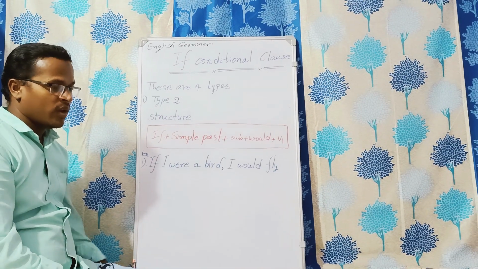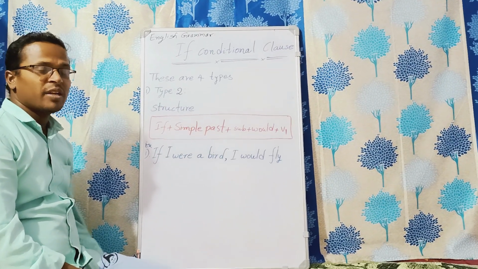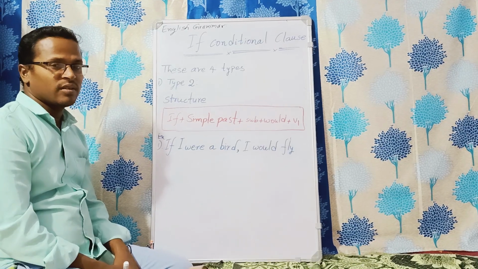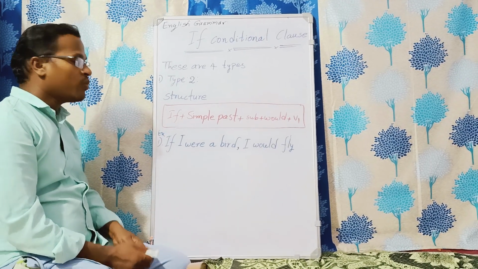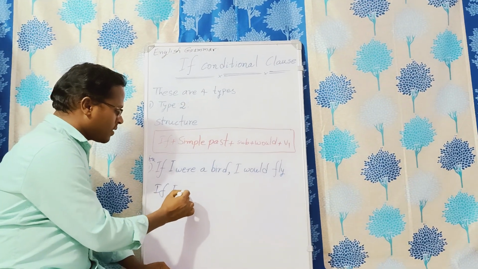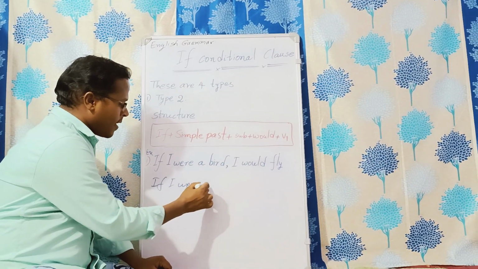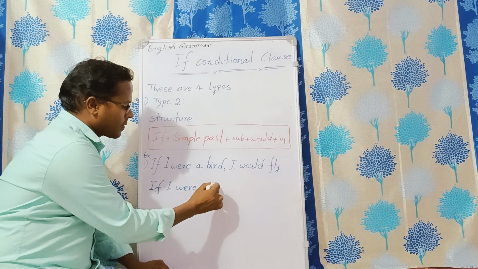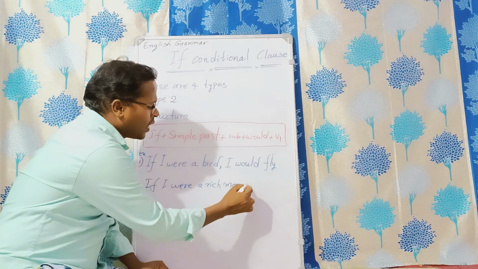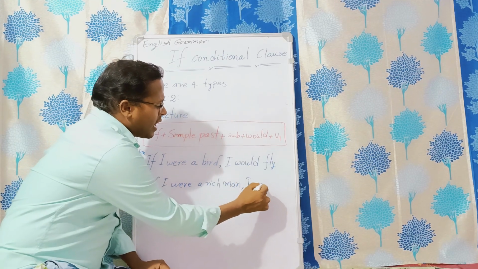One more example: if I were a rich person, I would help the poor people. Another example: if I were a rich man, I would help.